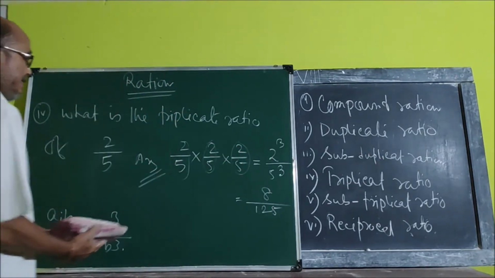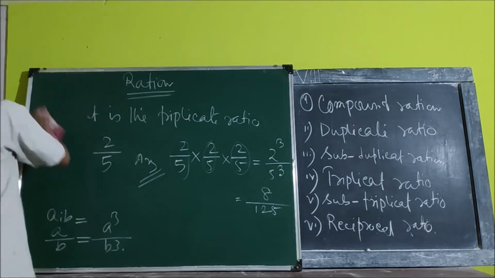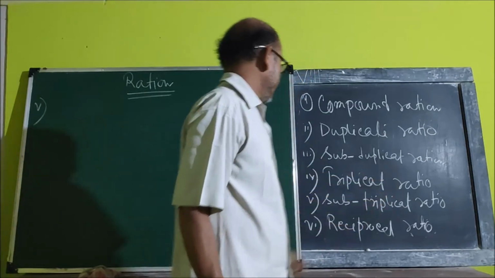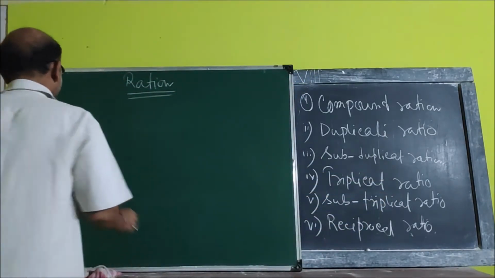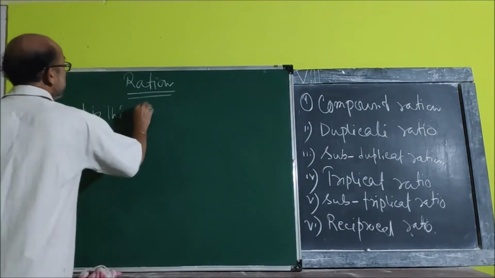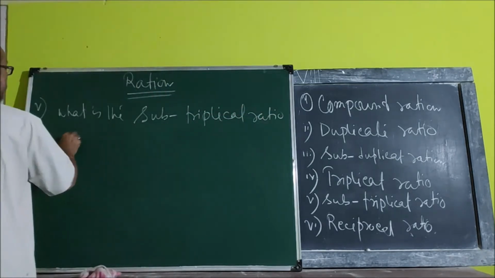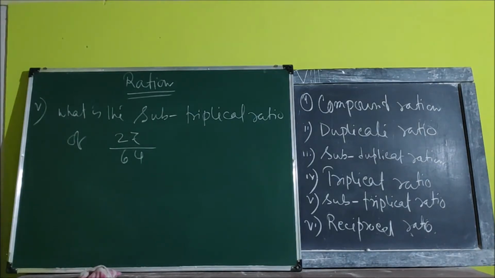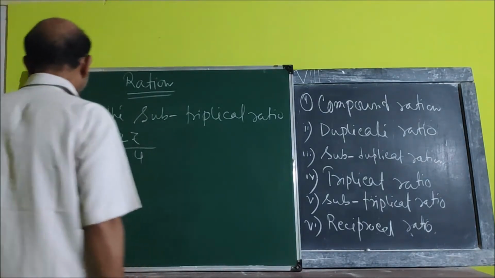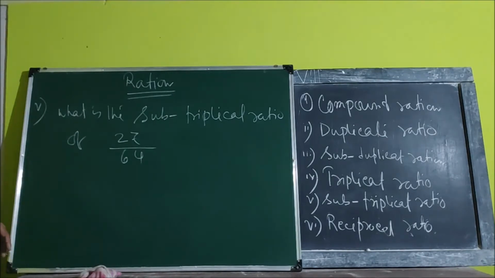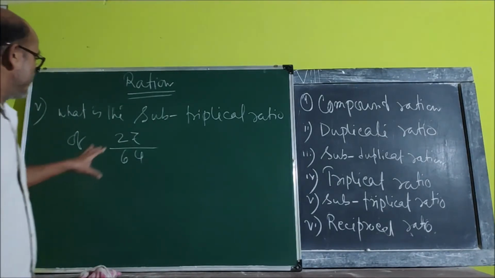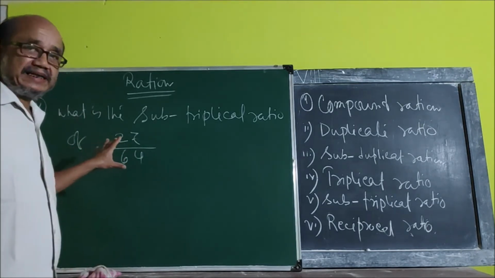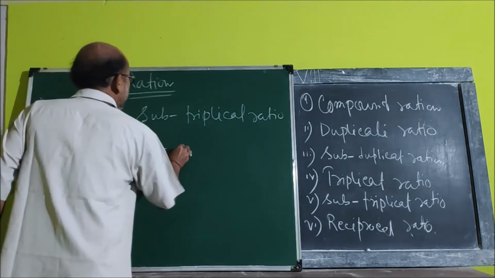Now, next, subduplicate ratio. What is the subduplicate ratio of 27 by 64? Here, subduplicate means the cube root of the given ratio.